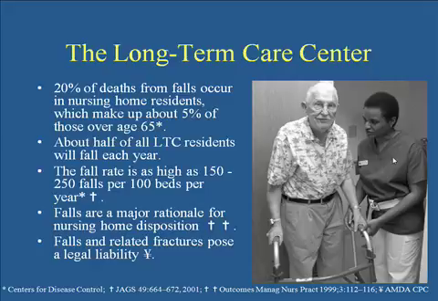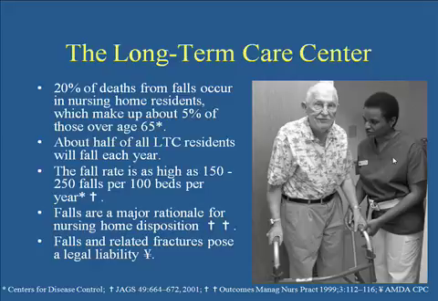20% of the deaths from falls occur in people who are living in nursing homes. And remember, that's only about 5% of those over age 65. So half of all people who live in long-term care settings will fall each year. The fall rate can be as high as 150 to 250 falls per 100 beds or patients per year.